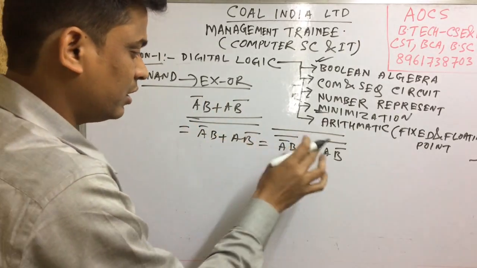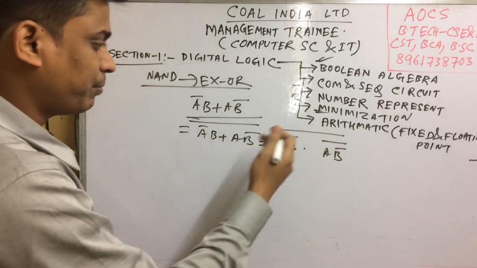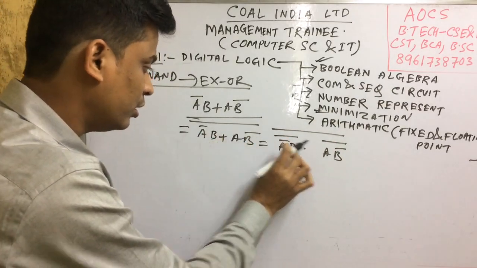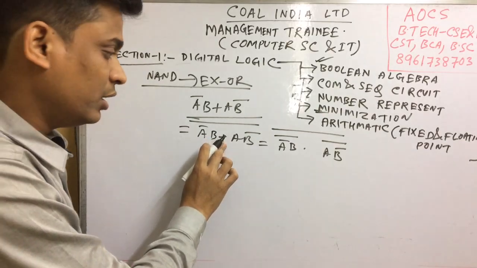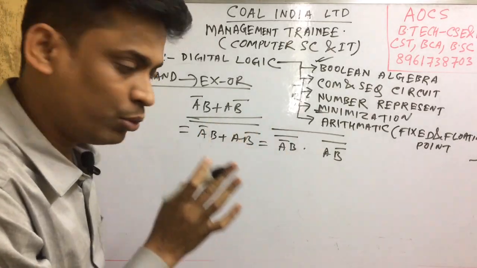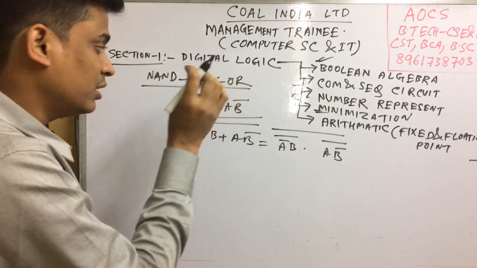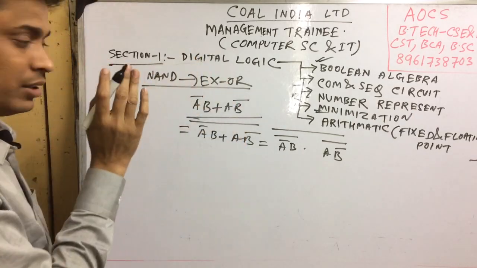Okay. Now we have decomposed the formula into AND format. Now we can easily draw the XOR gate from our input using NAND gates.